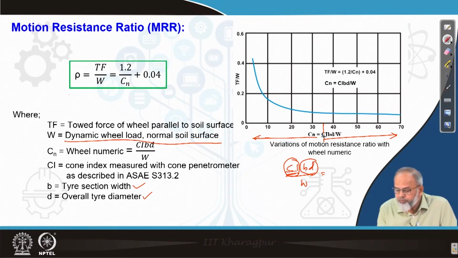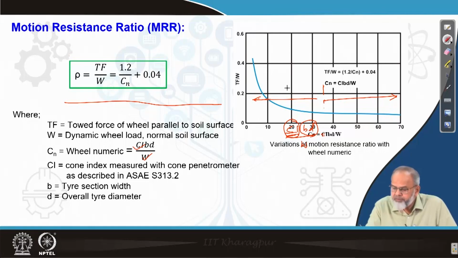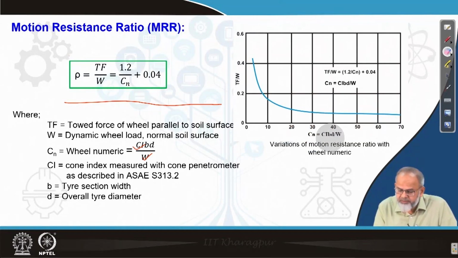If hard soil, it will move toward the right side, and we will get lesser rolling resistance because sinkage is less and compaction is less. So basically on hard soil, it is the tire deflection that will give rise to rolling resistance. But in case of soft soil, it is not the tire deflection, it is the sinkage that will come into picture. So the nature of the curve is well justified looking at the strength of the soil.